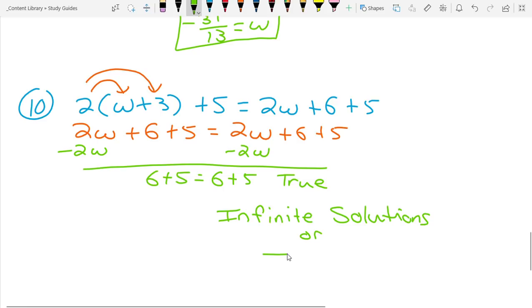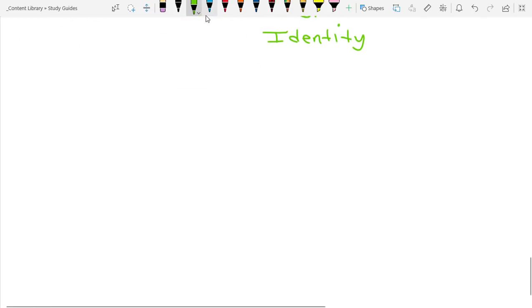Or you can write the word that we've been using in Math Excel, identity. Any number that you plug in for w will always work because it's the same thing on both sides. So therefore we could pick any number we wanted to.